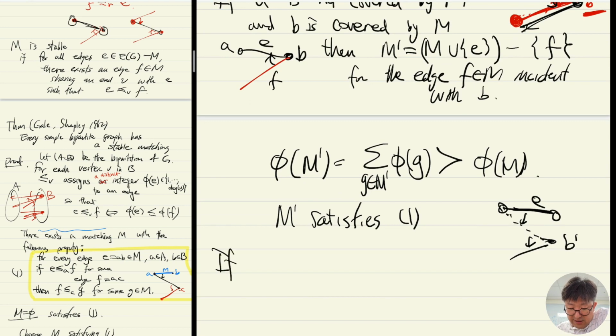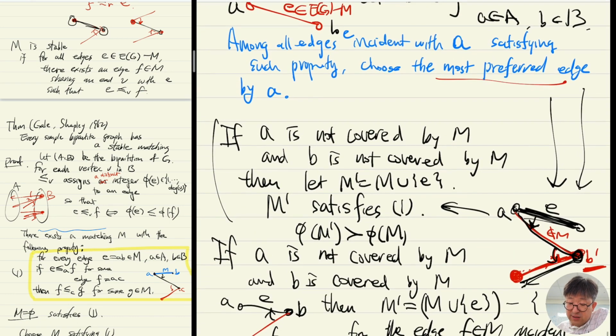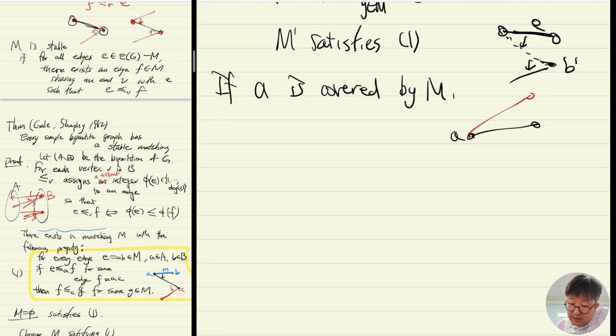Okay, now finally, if A is covered by M, what does that mean? So A was covered, so there was a matching edge, and by the instability condition, that means A prefers this black edge, right?